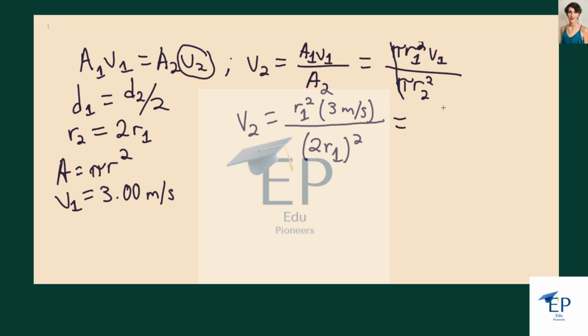This is going to be 3 over 4, given that the r sub 1s cancel out. So the velocity in the second section is going to be 0.75 meters per second.